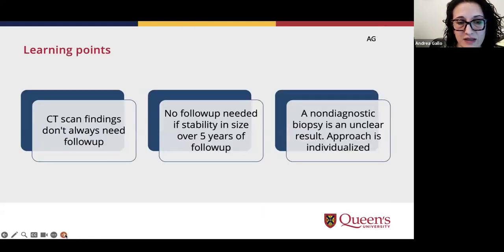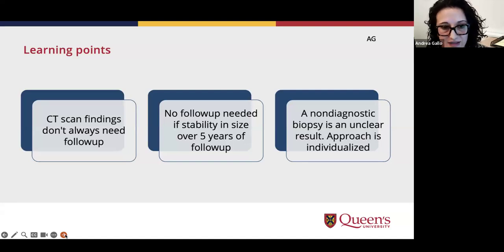So just some learning points on this case. CT scan findings don't always need to be followed up. Again, we need to consider the patient's age, comorbidities, and check with previous tests. Maybe we can see this little nodule on an old CT scan, and maybe we don't need to suggest an ultrasound, for example.